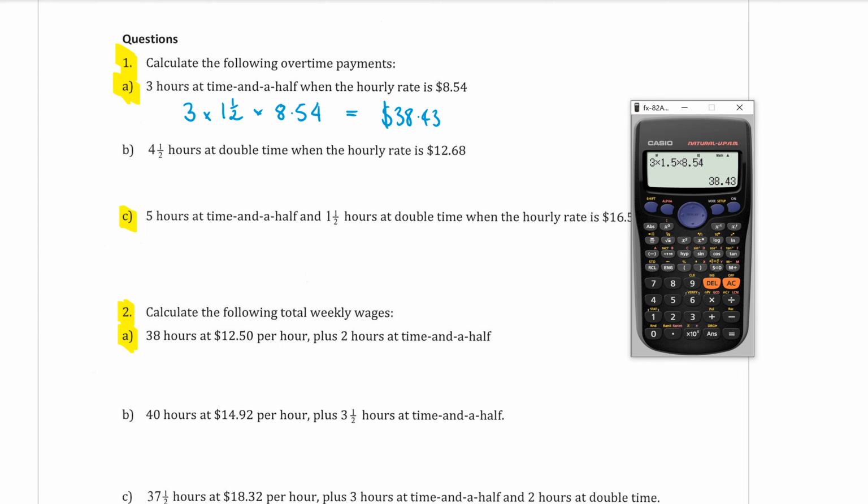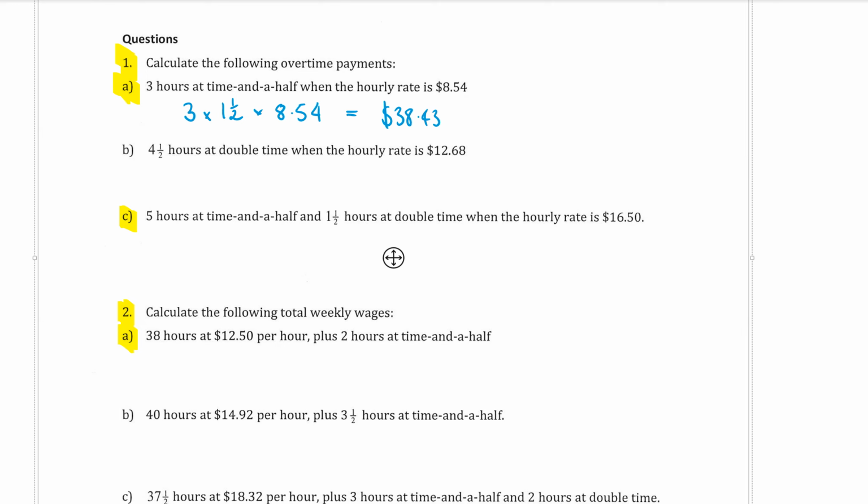Okay, let's do part C. We want to calculate the overtime pay if they do 5 hours at time and a half and 1.5 hours at double time when the hourly rate is $16.50. So 5 hours at time and a half.